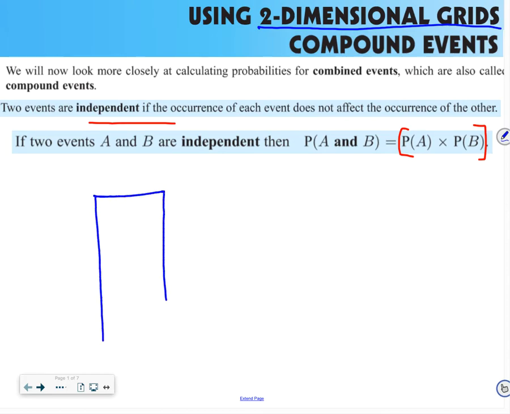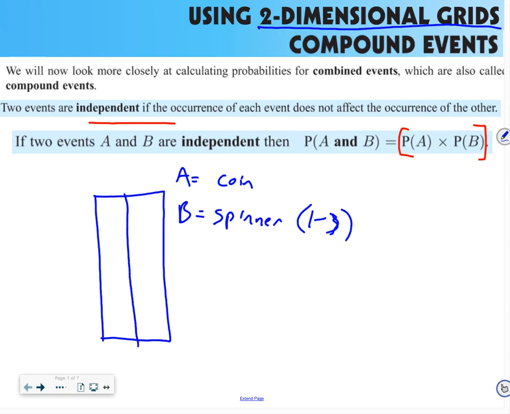So let's say we're talking about flipping a coin and also using a spinner with numbers 1 through 3. We can call the coin flip event A and the spin event B. If we think about an area model, or a two-dimensional model, the coin could be a head or a tail, and the spinner is 1, 2, or 3.